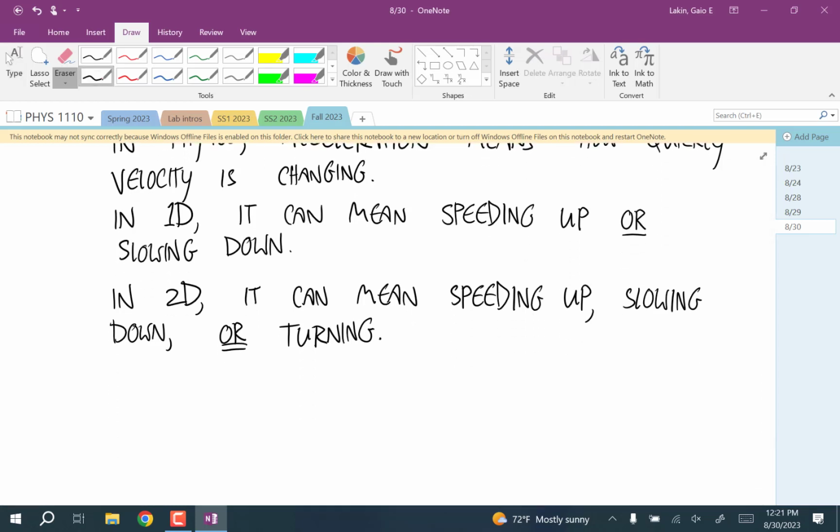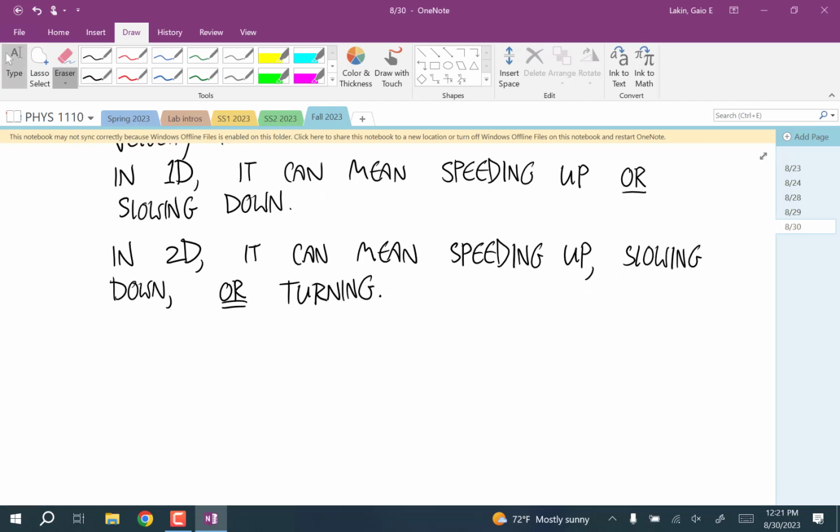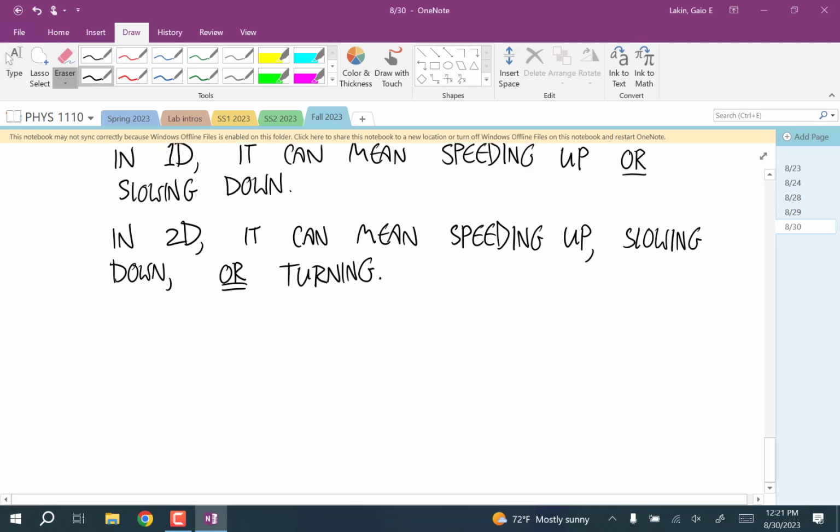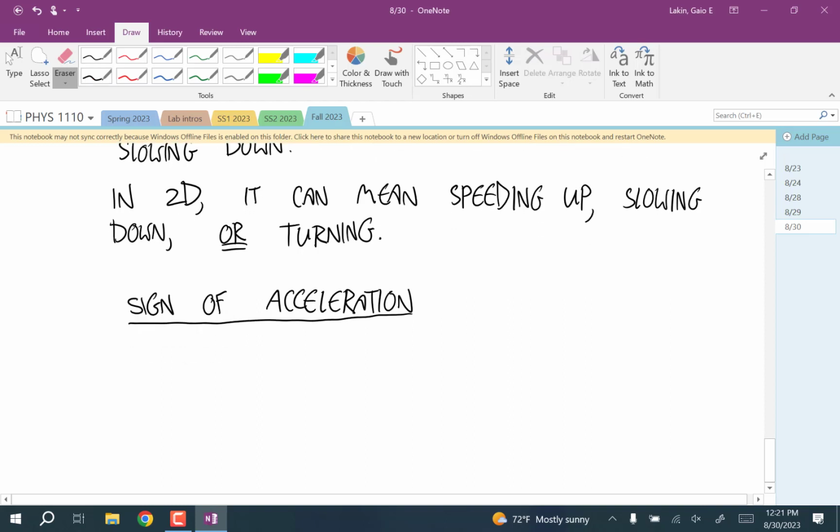Okay. The sign of the acceleration tells you something about whether it's speeding up or slowing down, but it probably isn't the way you would imagine it. So here is the way it works. A positive acceleration means that the velocity is moving towards positive.